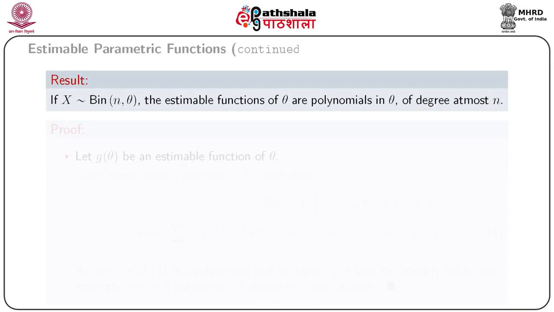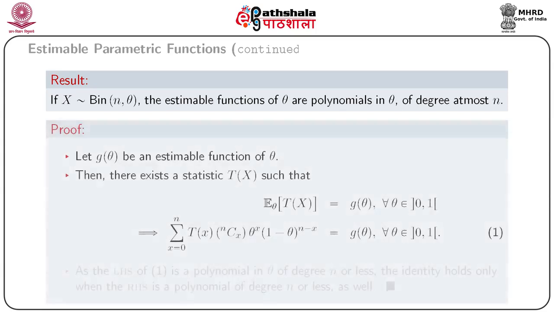Suppose X follows binomial n, theta, where n is known and theta is unknown. Let g theta be an estimable function of theta.